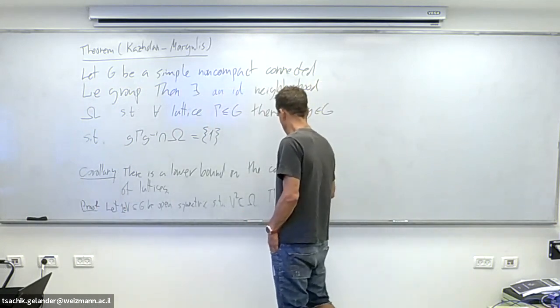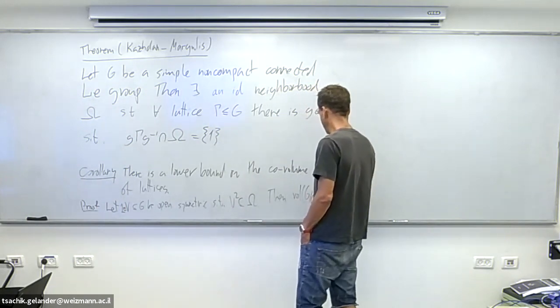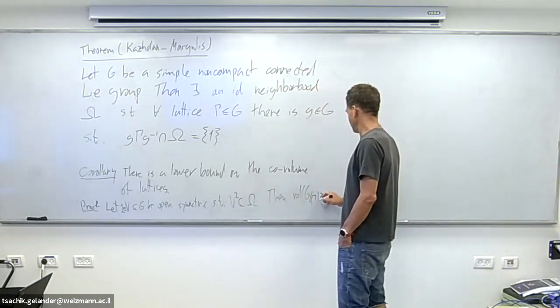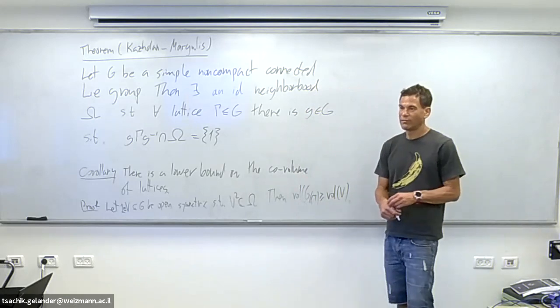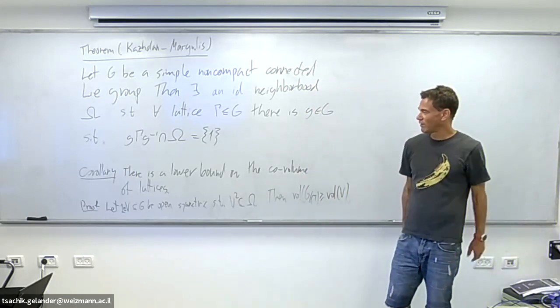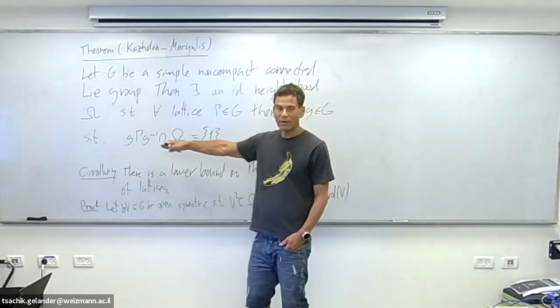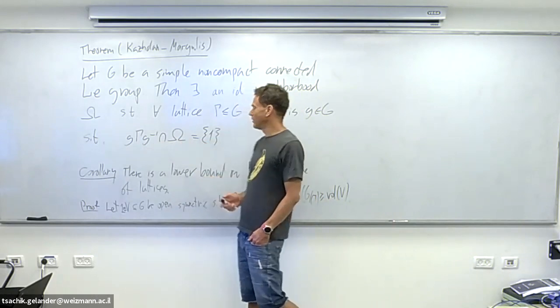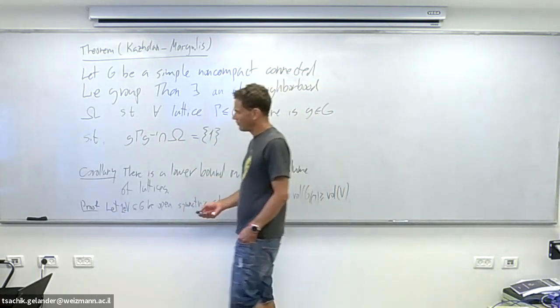Then the volume of a fundamental domain G mod gamma is at least the volume of V. So such a neighborhood V will inject into G mod gamma, because V squared intersects gamma trivially.